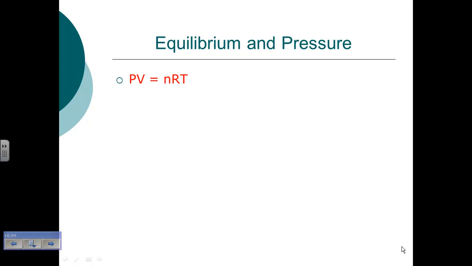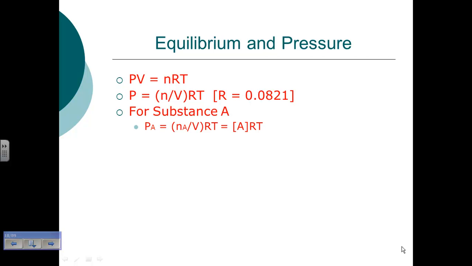Knowing that moles per liter is the very definition of molarity, I'm just going to rewrite PV equals nRT, showing in parentheses n over V. Moles over volume, moles over liter. Really, that's just saying P equals MRT. That sounds familiar from our colligative properties, doesn't it?